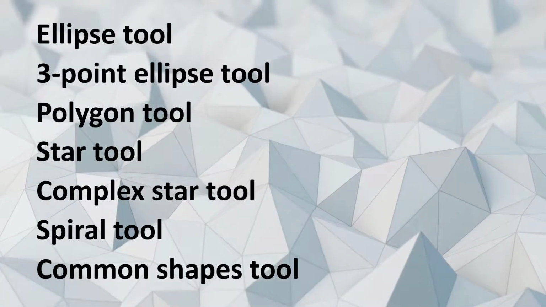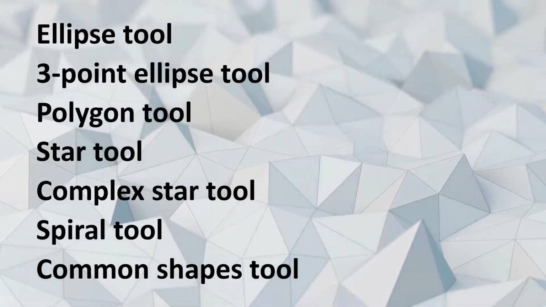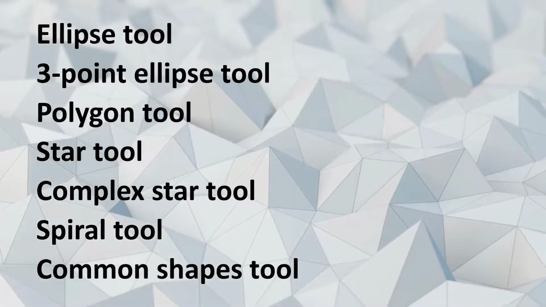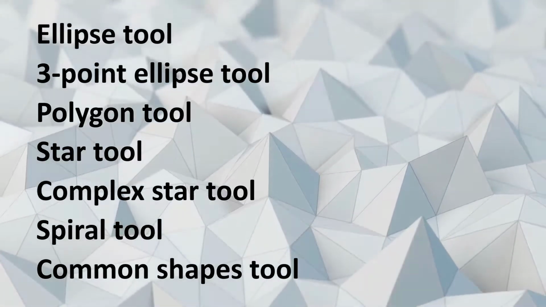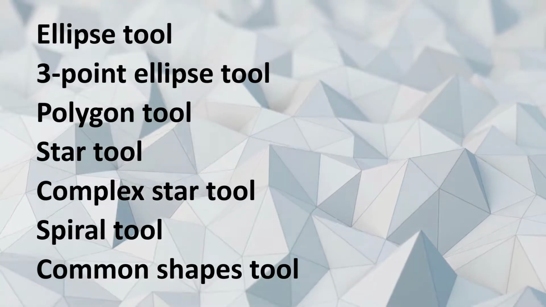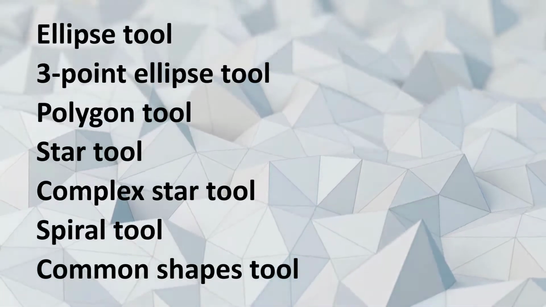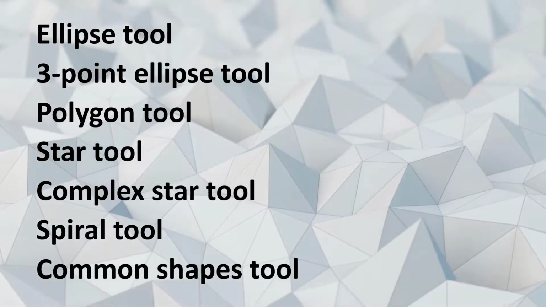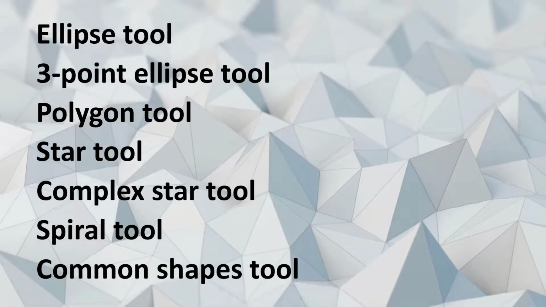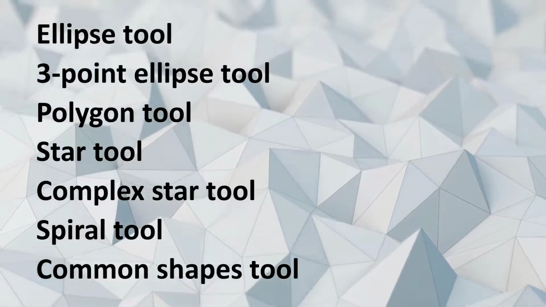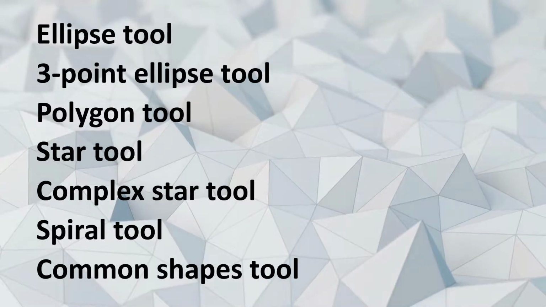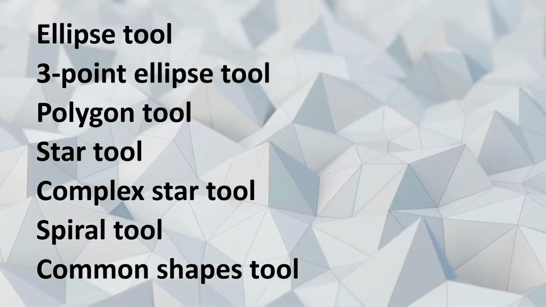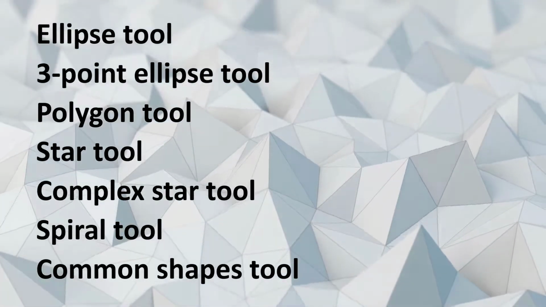In this session, we have covered the following shape tools: Ellipse tool, 3-point ellipse tool, Polygon tool, Star tool, Complex star tool, Spiral tool, and Common shapes tool. Ellipse tool lets you draw ellipses and circles. The 3-point ellipse tool lets you draw ellipses at an angle. Polygon tool lets you draw symmetrical polygons and stars.